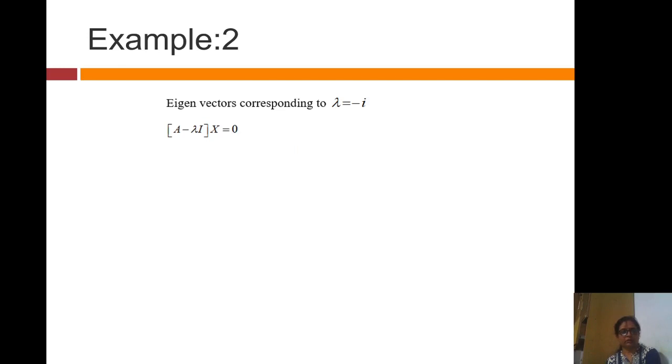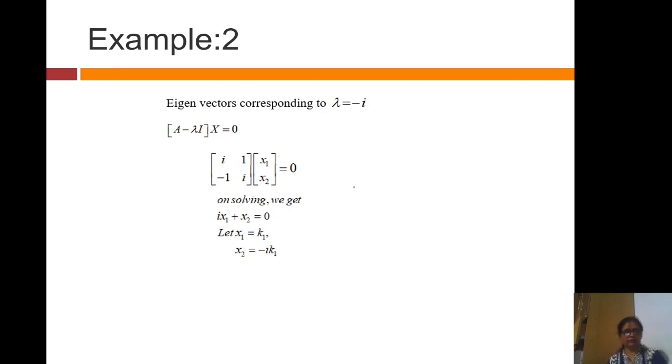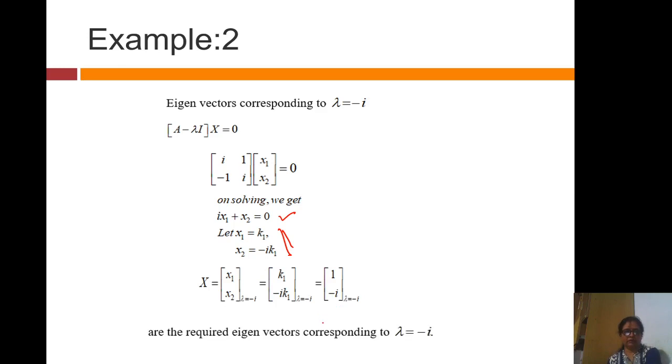Now for the eigenvector corresponding to lambda equal to minus i, we get this matrix, and we observe again this is the same equation, we get only one equation. We solve this by substituting x1 equal to k1 and we get x2 equal to minus of this value in terms of k1, and therefore 1 and minus i are the eigenvectors corresponding to lambda equal to minus i.